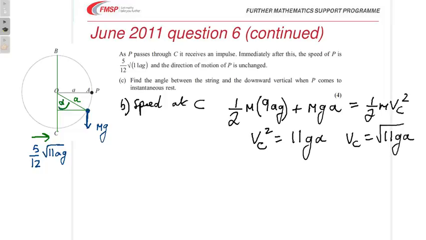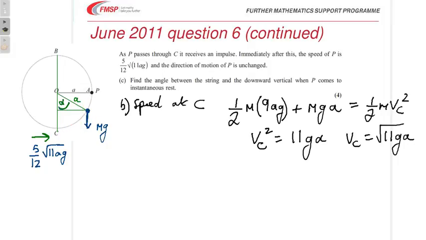Right, that's part B done. Now part C, on the top of the screen, and I've drawn a diagram for this. Part C says that as P passes through C, at the bottom here, it receives an impulse, it's hit. Immediately after this, the speed is 5/12 of what it was, so it's been reduced quite dramatically. It's no longer going to go in a complete circle; it's only going to go up a little way and come to rest.